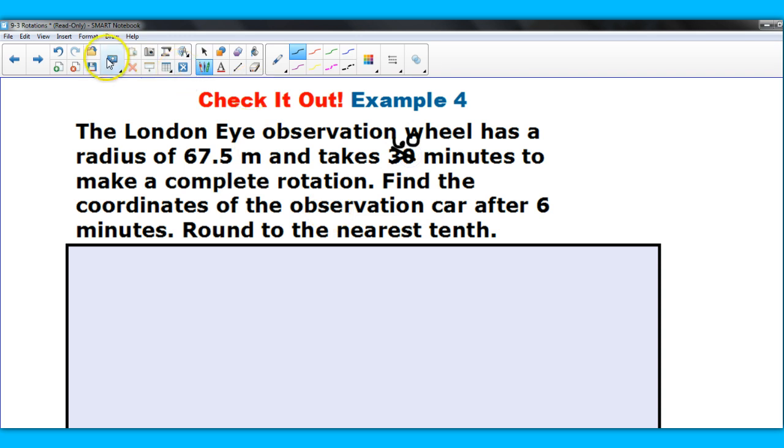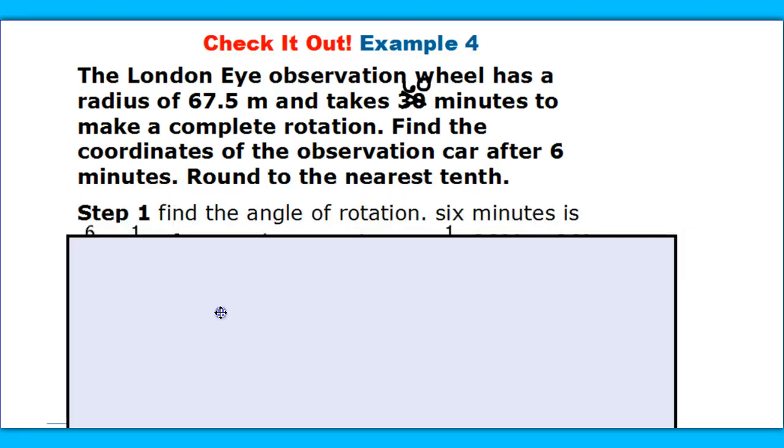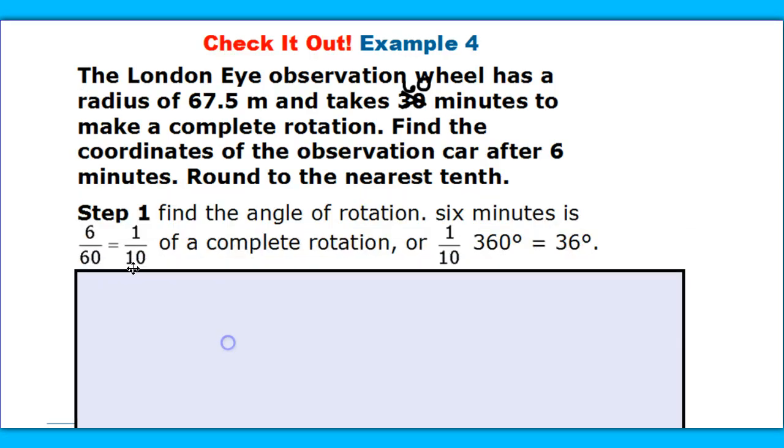Okay, go ahead and give this a try. Come back and check your answer here. Can you find the coordinates of the observation car after 6 minutes? All right, so they found the angle of rotation using 60 minutes. See, 6 minutes out of 60 is 1/10 of a rotation, which is 36 degrees.